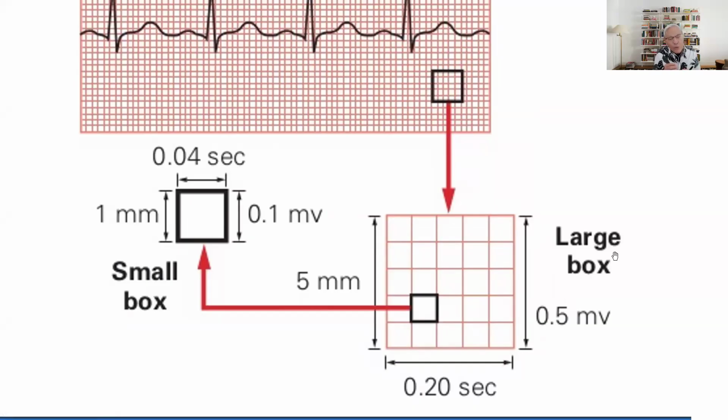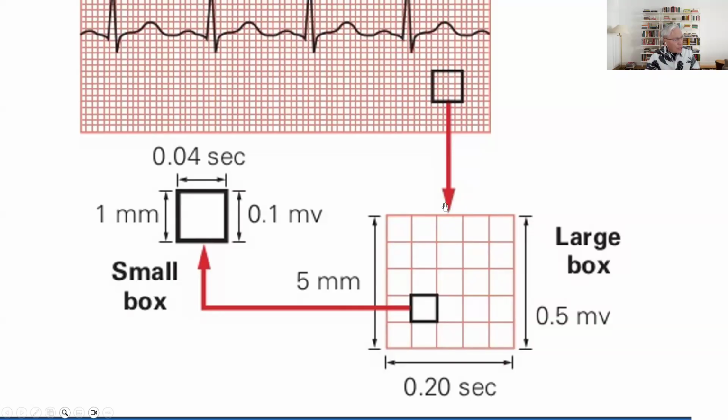It is also very important to examine how much voltage, or how much electricity, is generated by these waveforms. So if a waveform is inscribed in this graph, we're able to interpret voltage as well as timing.